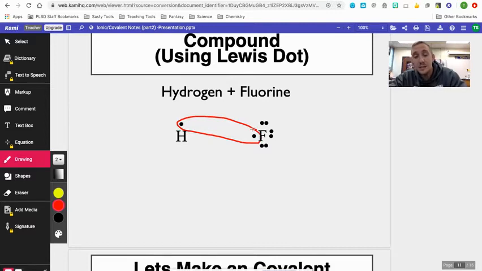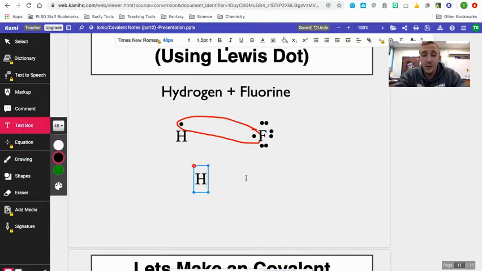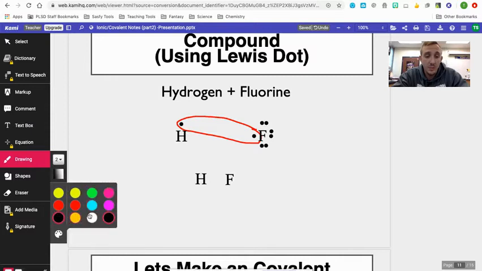Now, this is not how we draw it. What ends up happening is hydrogen and fluorine use their lone pairs.